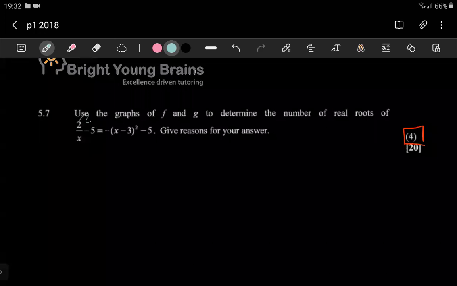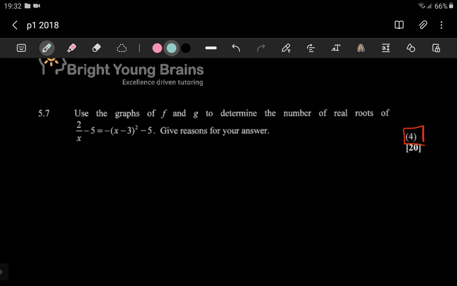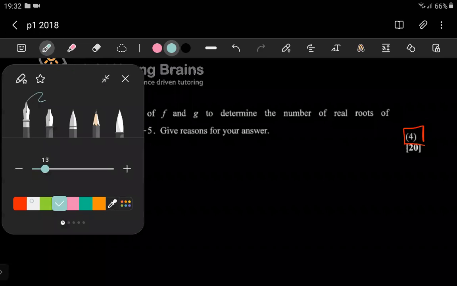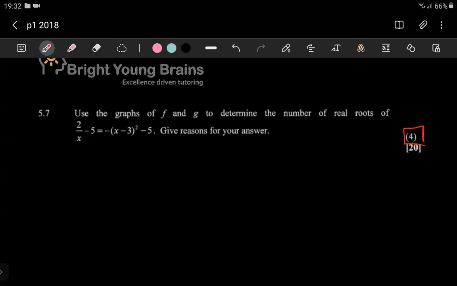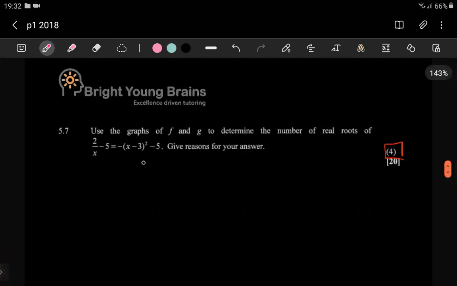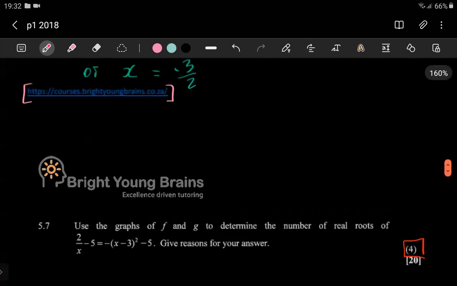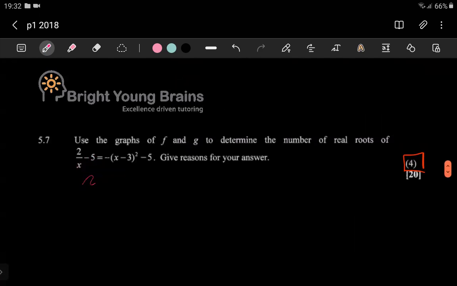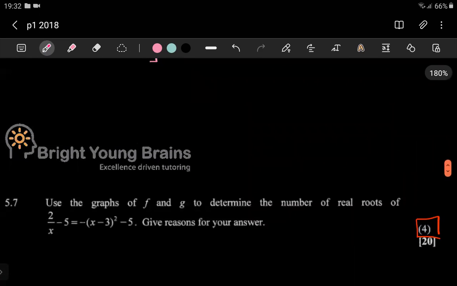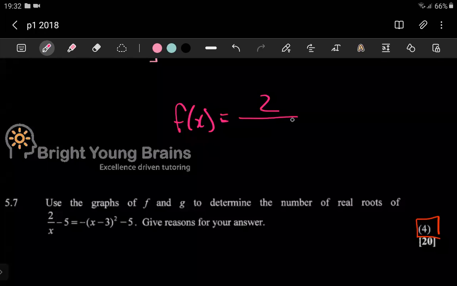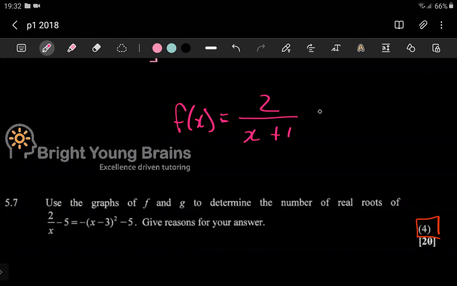But anyways, before I even read it again, this is the idea with these kinds of questions, and this is why going through past papers is helpful, because you'll find yourself bumping into similar questions. Compared to the past papers I've gone through, I already have an idea of what has happened here. The equation of f of x is 2, x plus 1, plus 4.